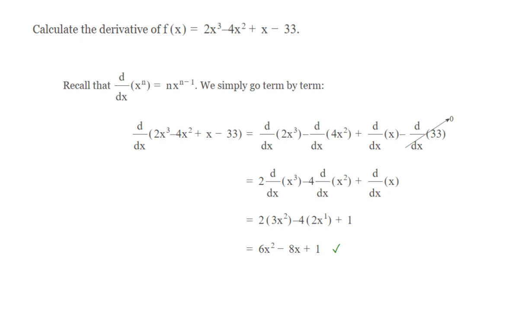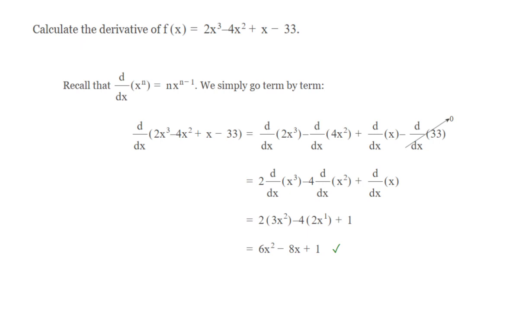So that is, derivative of 2x cube minus 4x square plus x minus 33 is equal to derivative of 2x cube minus derivative of 4x square plus derivative of x minus derivative of 33. So derivative of 33, as we know, derivative of a constant is 0. So the last part becomes 0.